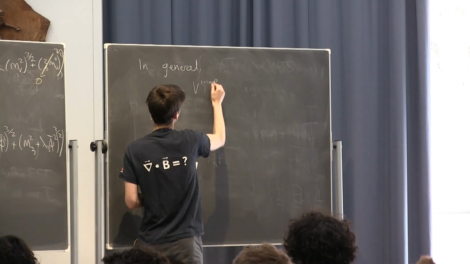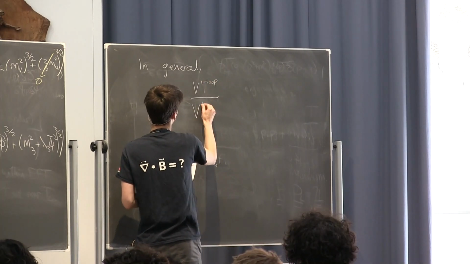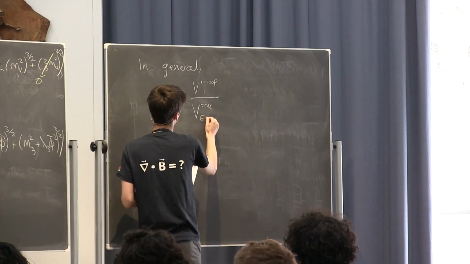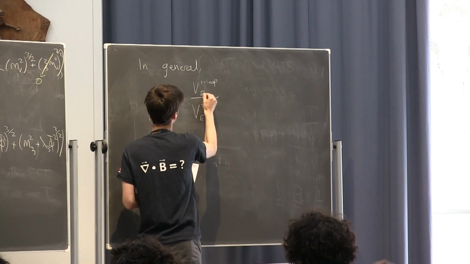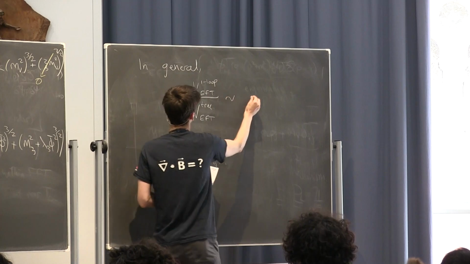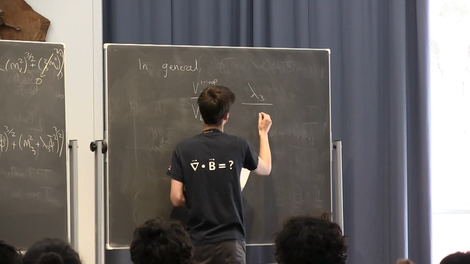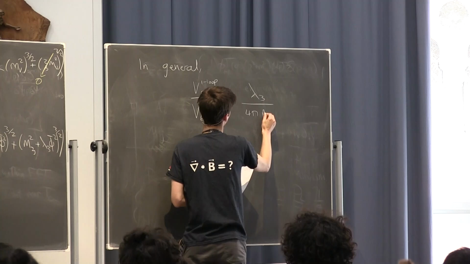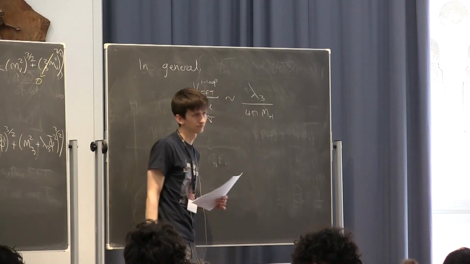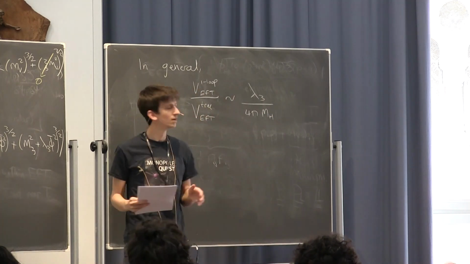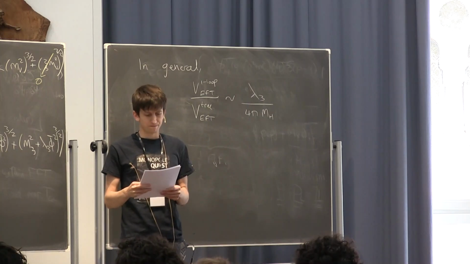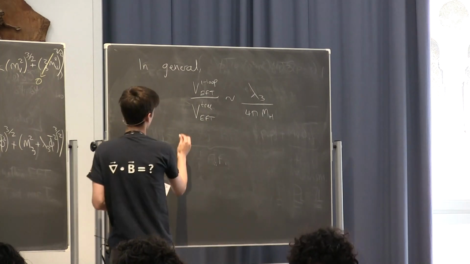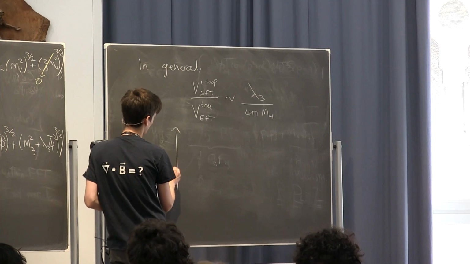Or in general, we find that the one loop bit divided by the tree level bit is, roughly speaking, like this. And we can arrange things such that our potential looks rather different from before.